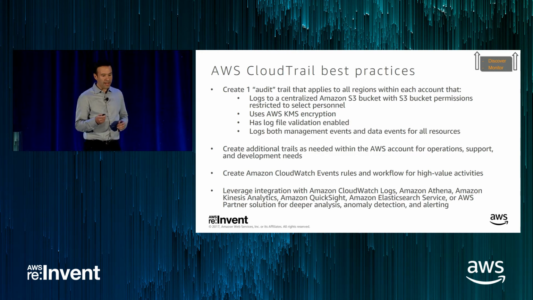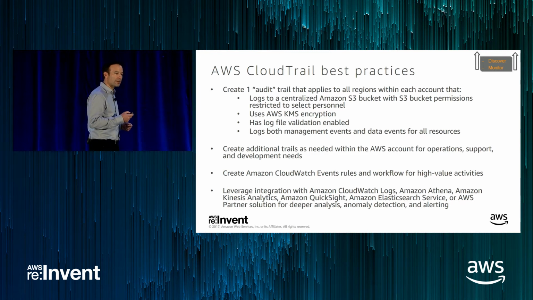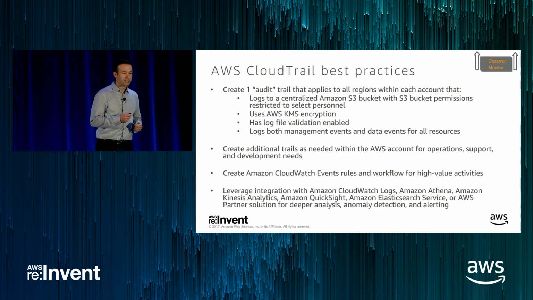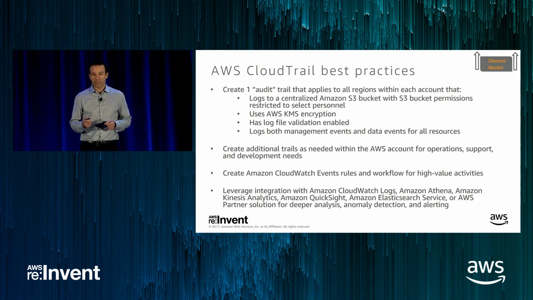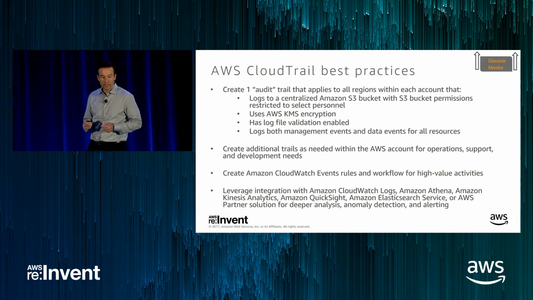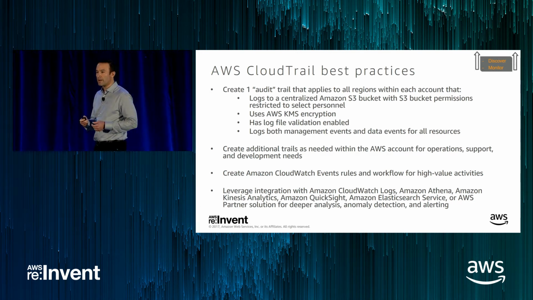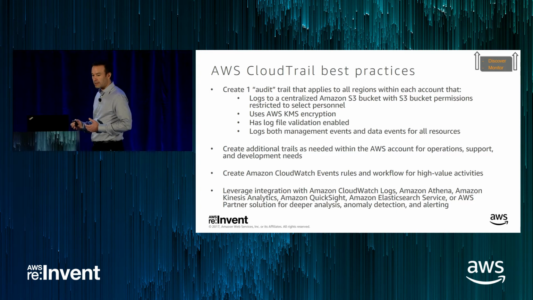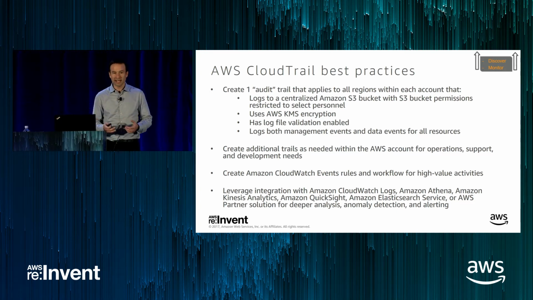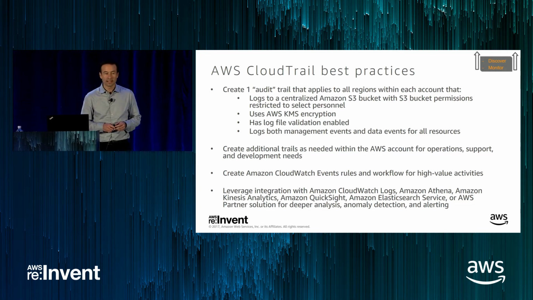With that, you're going to want to have things like KMS encryption enabled. You're going to want to turn on log file validation to ensure that there isn't any tampering with those logs. And you're going to want to make sure that trail is logging both management events and data events for all of your resources.